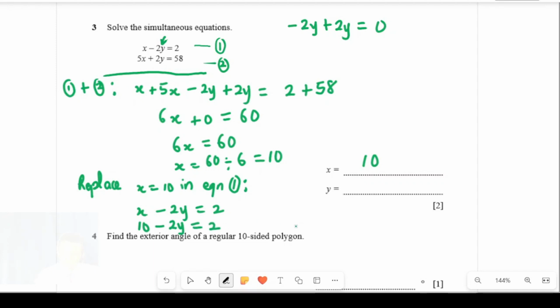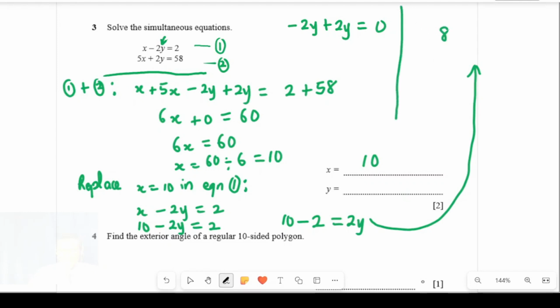So that means 10 take away 2 is equal to 2y. So 8 equals 2y. Divide both sides by 2. y equals 4. So y is equal to 4. All right.